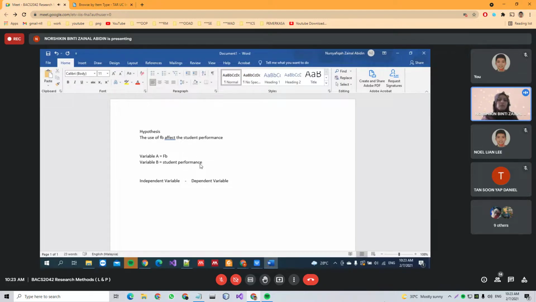Guys, this is important for you to know what is independent and dependent variable, not only for midterm, for your research.